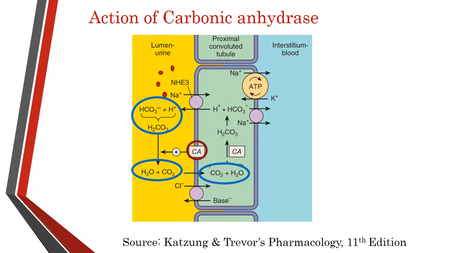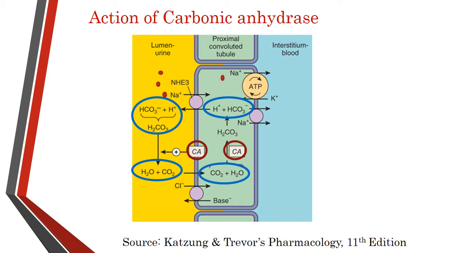Inside the tubule we again have carbonic anhydrase, and this carbonic anhydrase converts the carbon dioxide and water back to carbonic acid. The carbonic acid further breaks down to give H+ and HCO3-. It is this H+ which is exchanged for sodium. So we can clearly see that now we have a sodium ion which has come inside the proximal tubule.